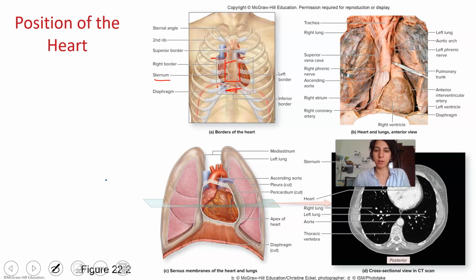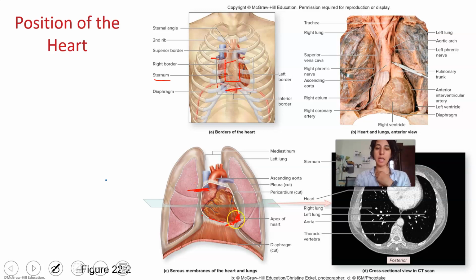So if we look right here, this region of the heart is this conical shape. It's about the size of your fist, and it is tilted so that the pointy region, called the apex of the heart, points towards your left hip, and then the superior region, which is formed by the great arterial trunks right here, is called the base of the heart.